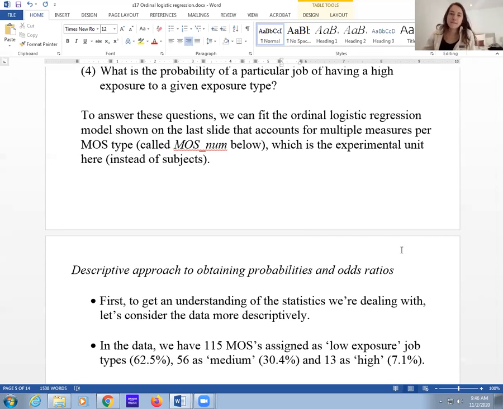Just to follow up the thought though, when do we decide? Let's say we're not worried about the number of levels that we have. What's another reason why we decide to model something with a random effect versus a fixed effect? If it's more about the structure of your data, so if it's clustered or correlated or something like that, right?